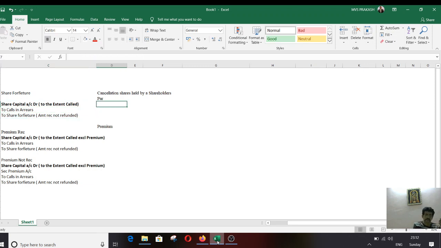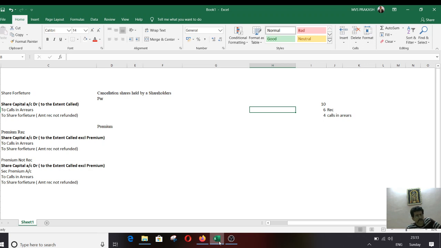Let us take an example. Ten rupees is the face value. Let us consider 6 rupees received and 4 rupees not received, which is calls in arrears. As the 4 rupees is not paid, the board of directors sends a notice to the shareholder.